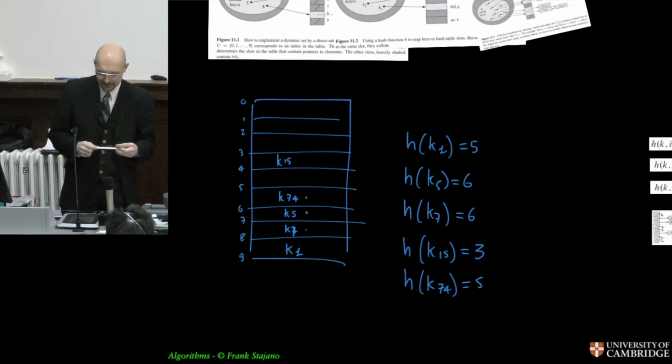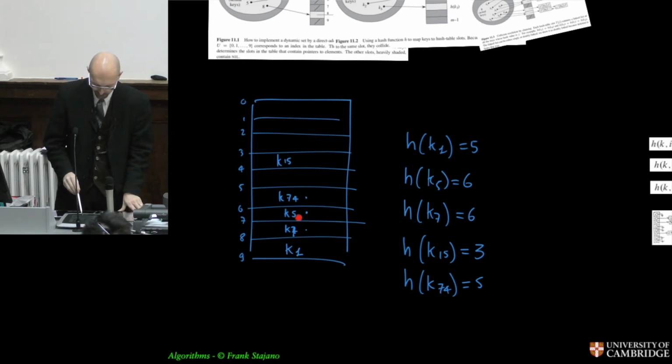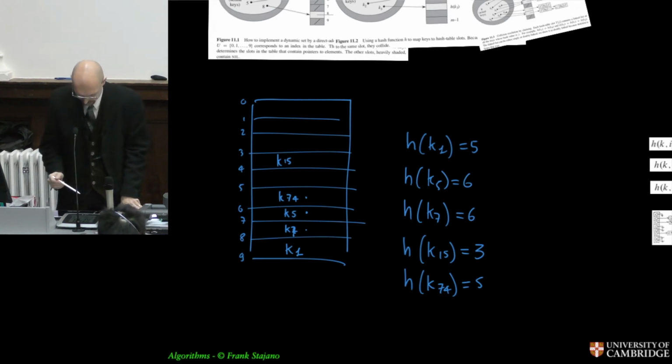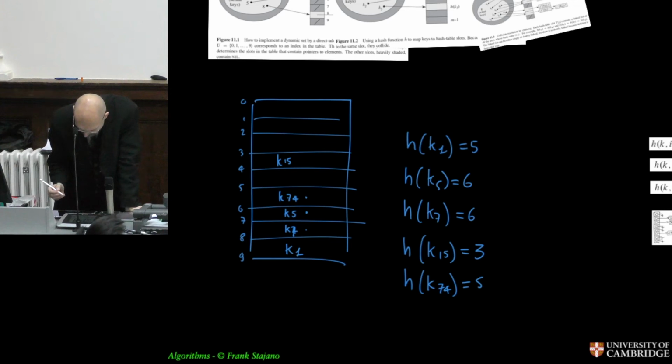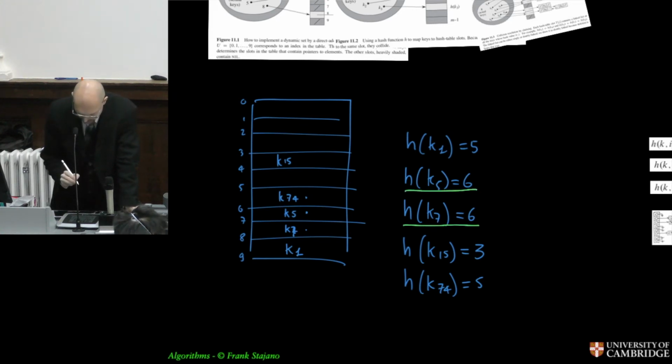So logically, it's not so bad. I can just follow the same procedure when I search. But it is a bit of a nuisance, because if I use my colors, K5 and K7 both hashed to 6.